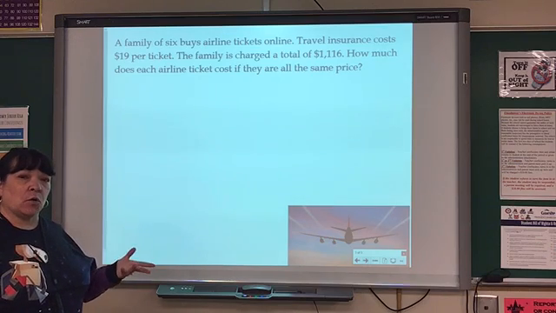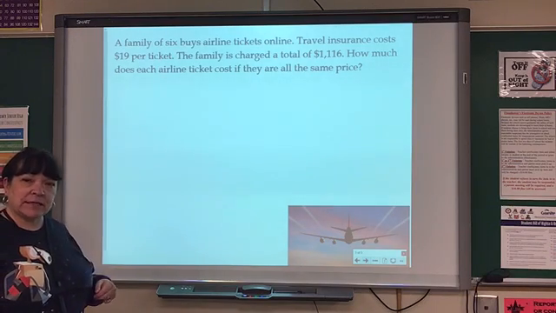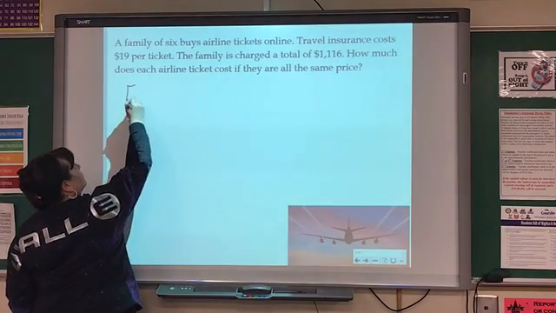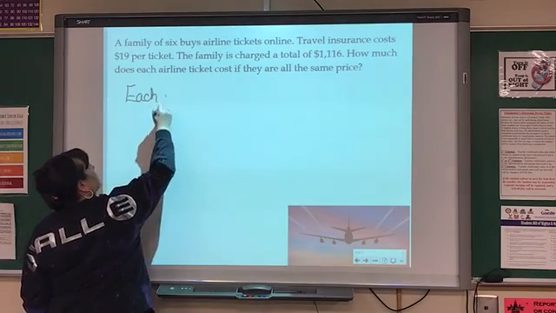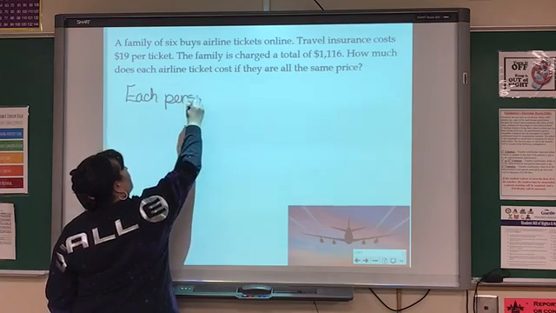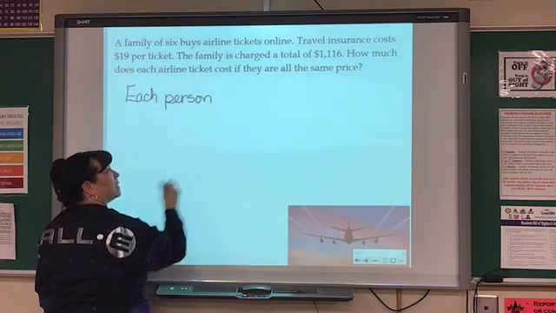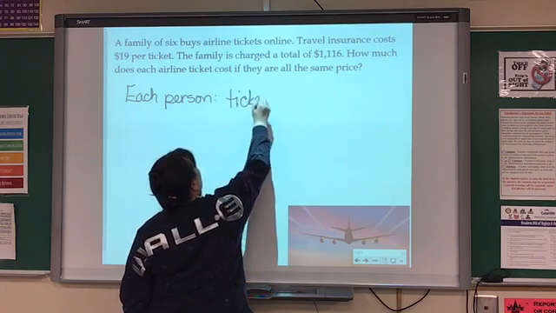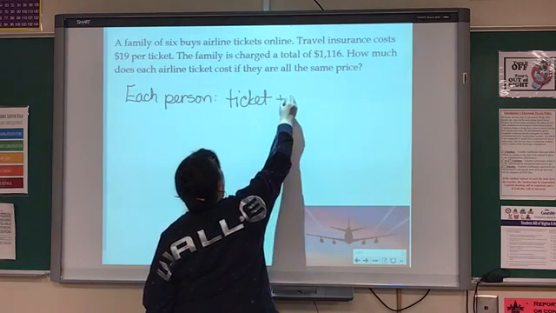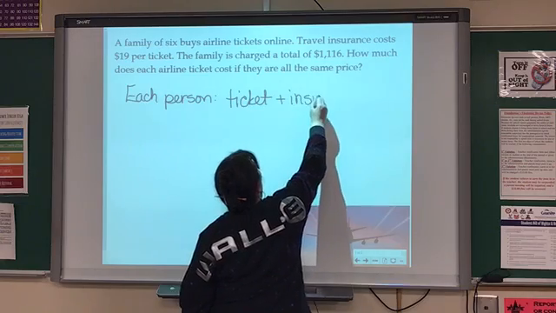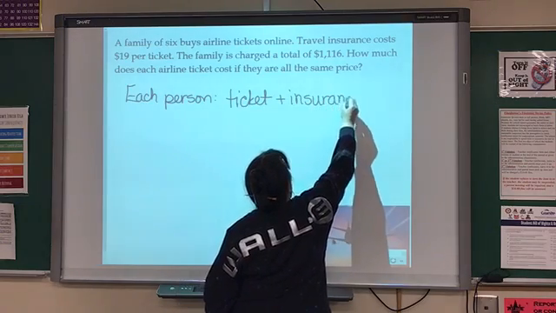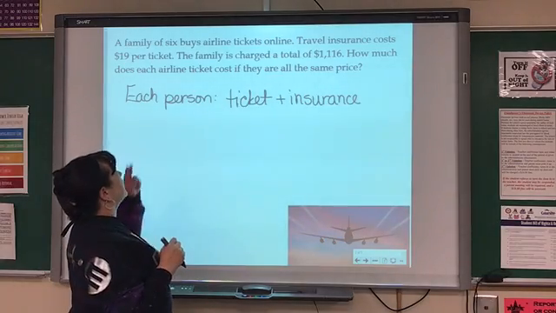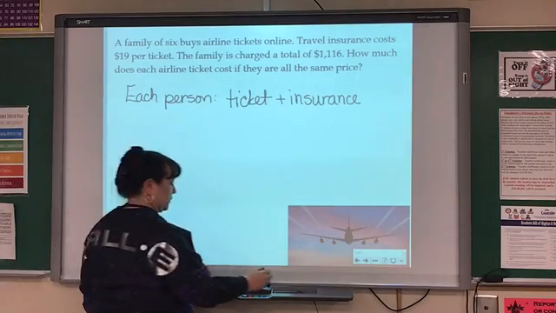First, we need to know about the tickets. So, each family member, they buy a ticket. Oh, but they also have to pay the insurance. So, travel insurance costs $19 per ticket.